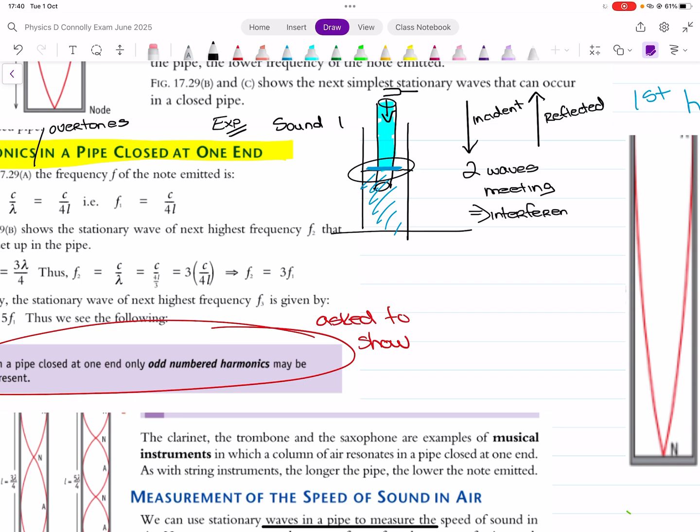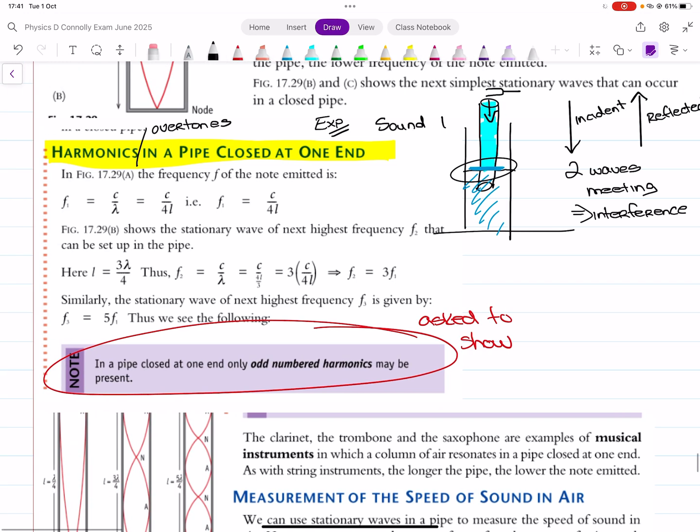And then if we can get the conditions right, we can get constructive and destructive interference to set up in a pattern. And if it sets up in a pattern, we can get a standing wave. Okay, and that's what we're doing here. We're trying to set up standing waves in a pipe closed at one end.